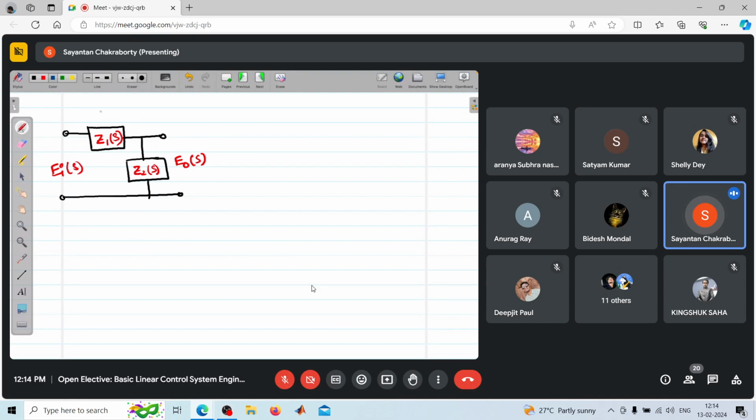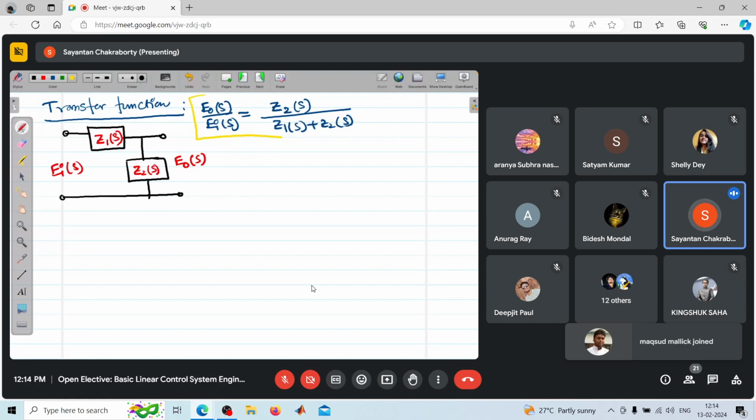So you can write down the transfer function E0(s) by Ei(s) is equal to Z2(s) by Z1(s) plus Z2(s).